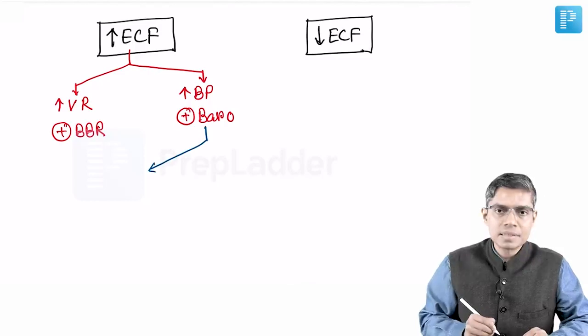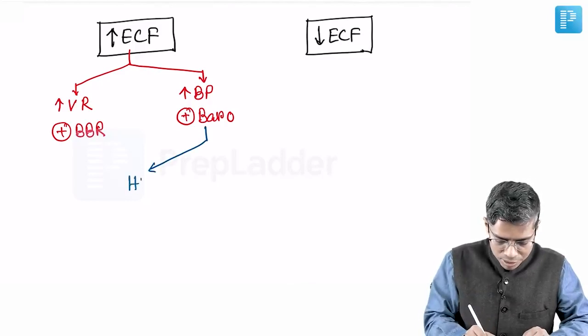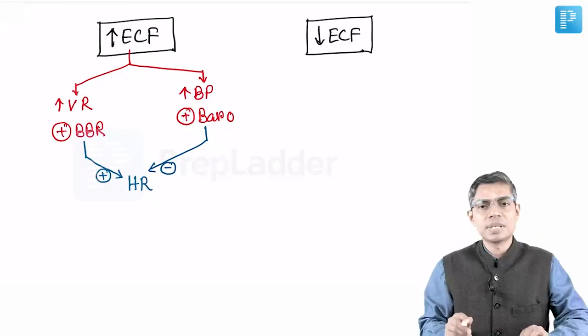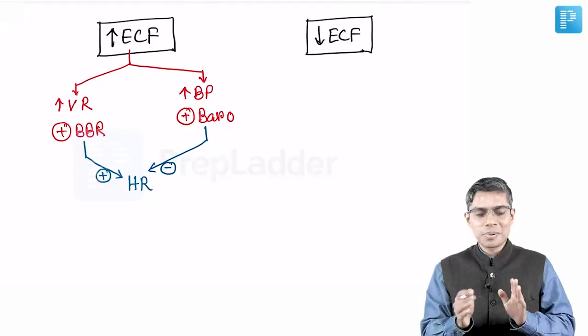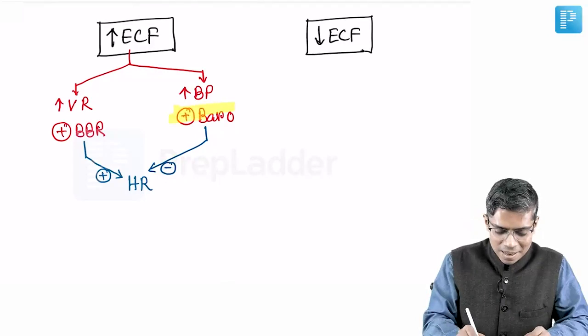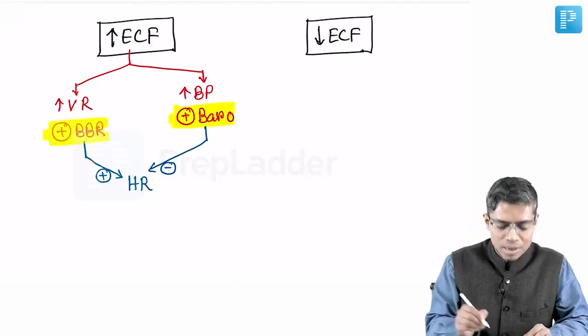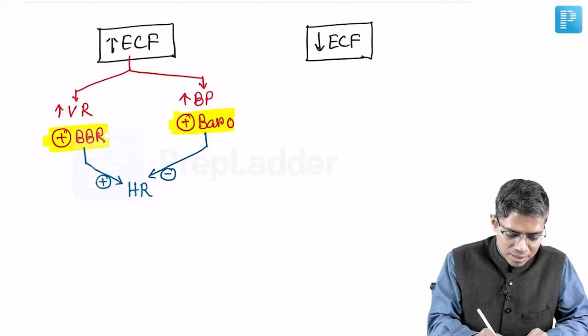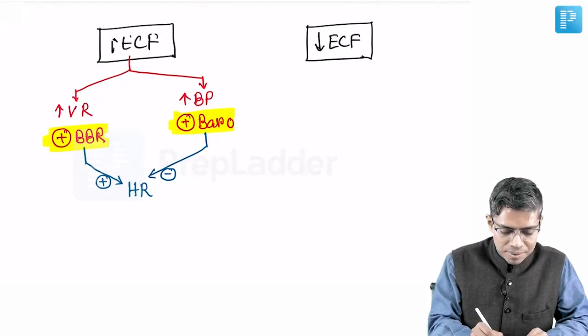Baroreceptor activation means sympathetic inhibition, so it will try to cause a decrease in heart rate. Bainbridge reflex activation means it will try to cause an increase in heart rate. So the baroreceptor and Bainbridge reflex act opposite to one another in this hypervolemic state.